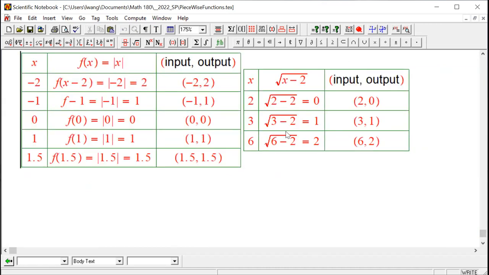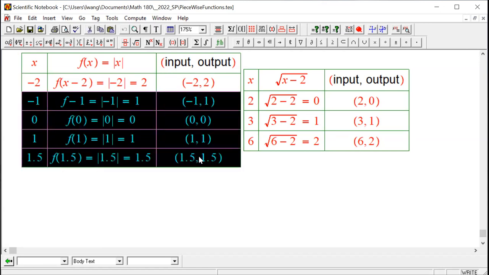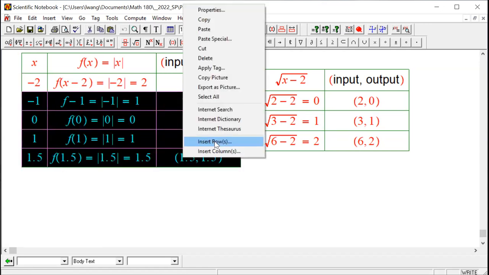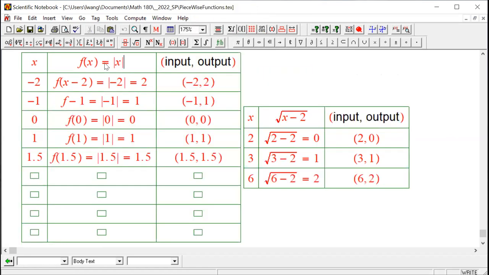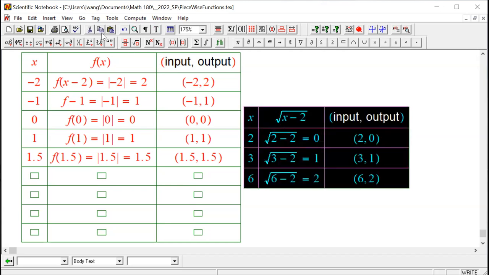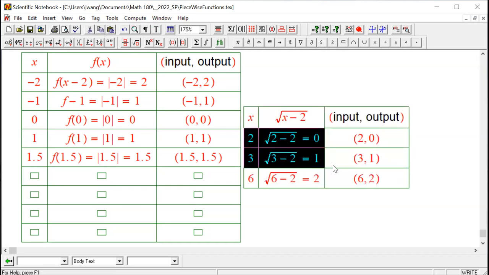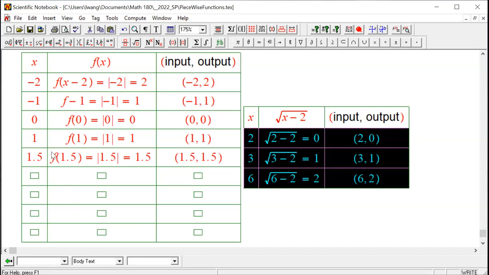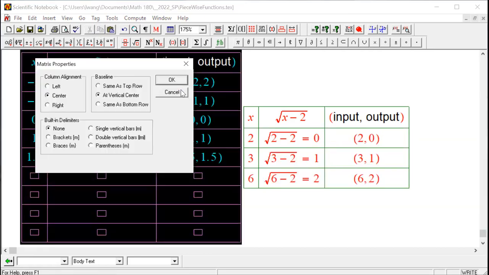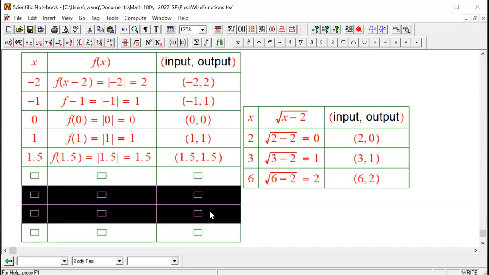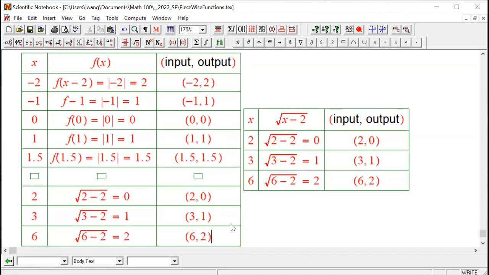I'm going to put these two pieces together, adding these 3 rows. So now it's just f of x, and we have different rules.